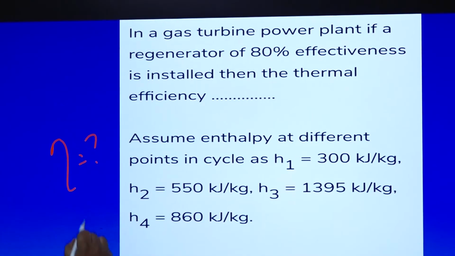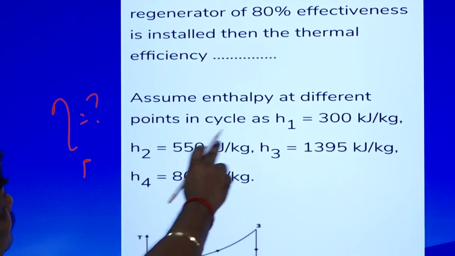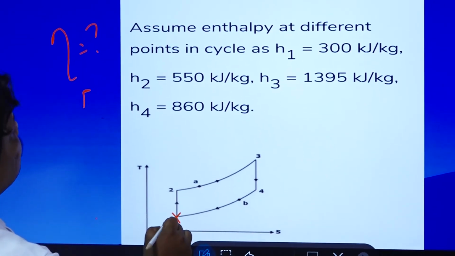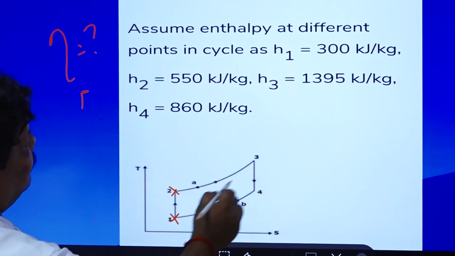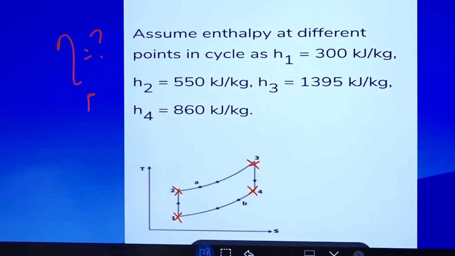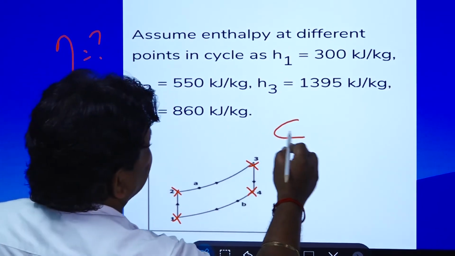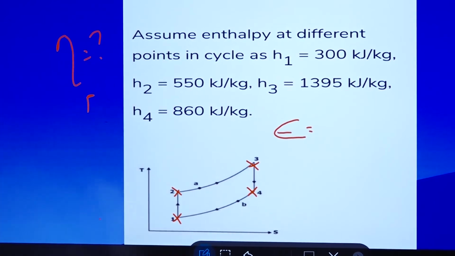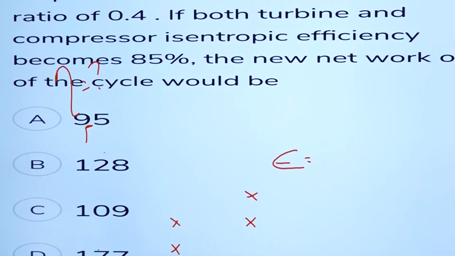Okay, eta thermal. Assume enthalpy at different points in the cycle. H1 is given, H2 is given, H3 is given, then H4 is given. The regenerator effectiveness is also given, so the formula for effectiveness has to be taken.